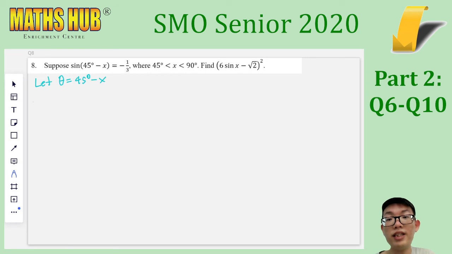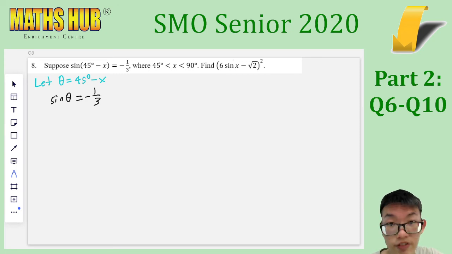Instead of starting with a condition that is not so nice and try to get to something at the end which is nice, it is easier to do it the other way, to restate your condition into a very nice statement like sine theta is equal to negative 1/3, and try to find something a bit more complicated, since that slightly more complicated thing would just contain many instances of sine theta and cosine theta, which we are able to find rather easily.